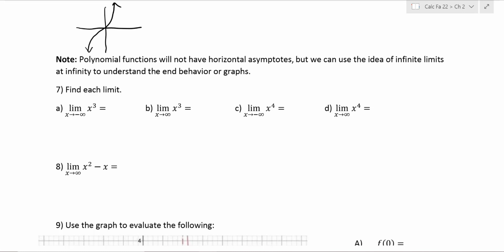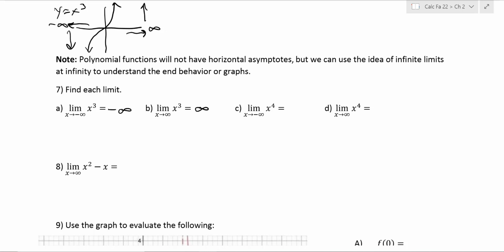You learned about end behaviors for even and odd degree polynomials in pre-calc. And so for x cubed here, you can see as we go towards negative infinity for x, we're going down towards negative infinity for y. As we go off towards positive infinity, we're going off towards positive infinity for y.